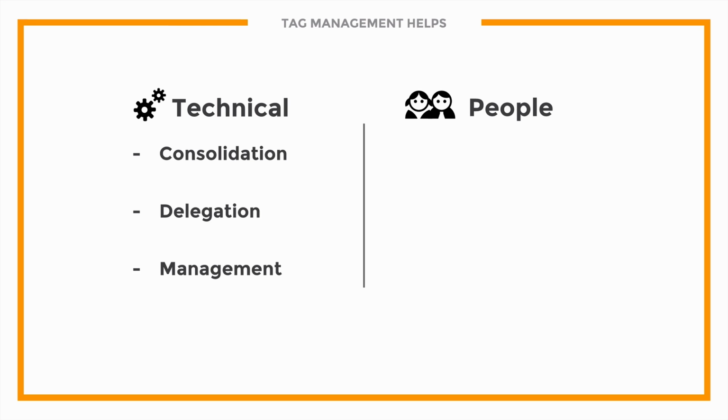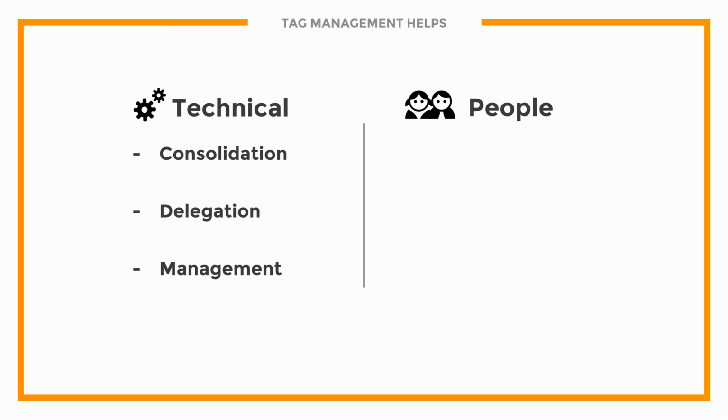We are also delegating a lot of responsibilities of keeping tags up to date to the tag management system with features like templates. And last but not least, we have a central management console where we can see and document all our different tags and understand under which circumstances which data is transferred onto the marketing vendor.